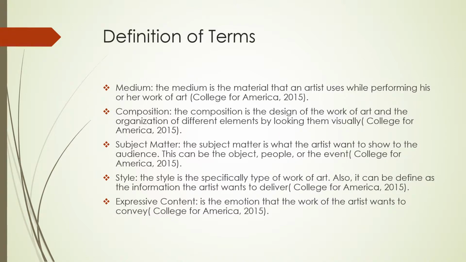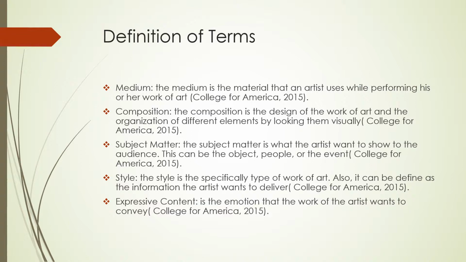Going to the definition of terms, I'm going to start with medium. By the medium of art we understand the material that an artist uses while performing his or her work of art. The composition is the design of the work of art and the organization of different elements by looking at them visually.